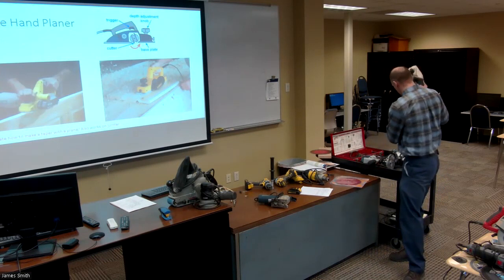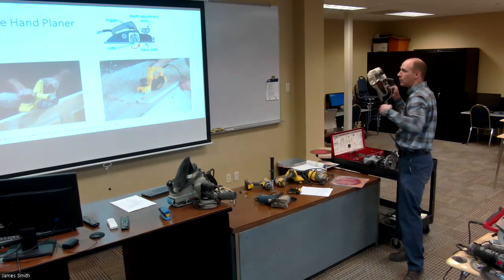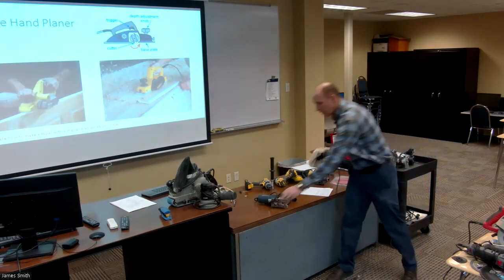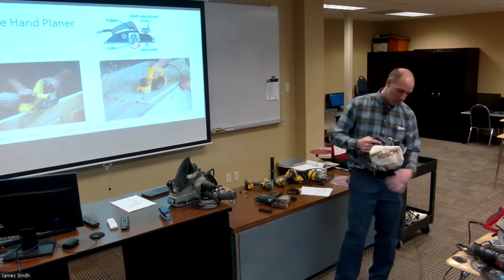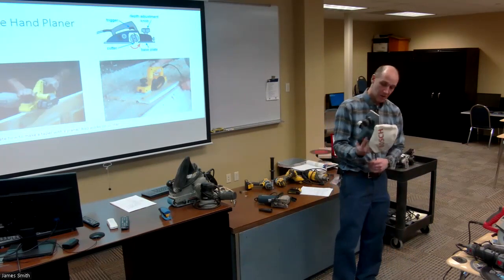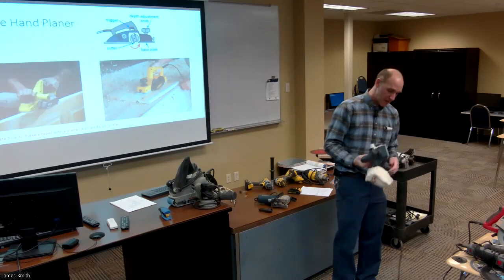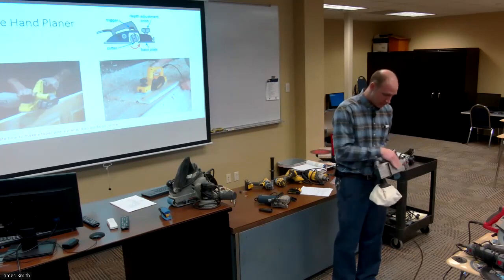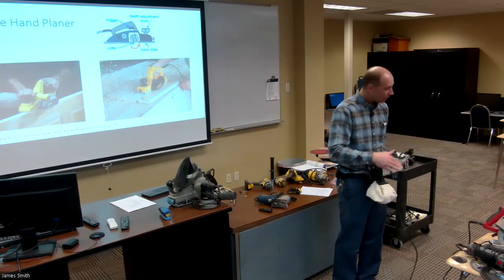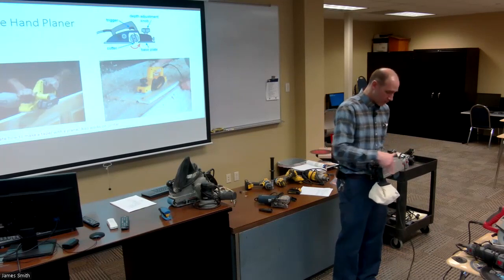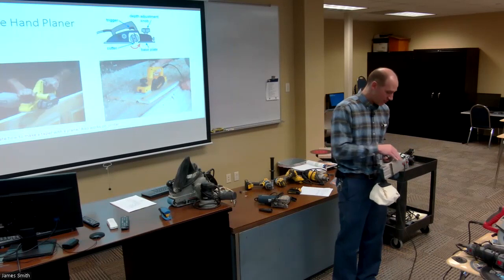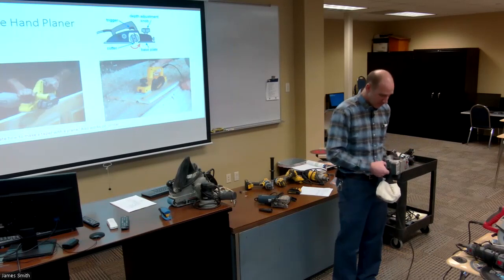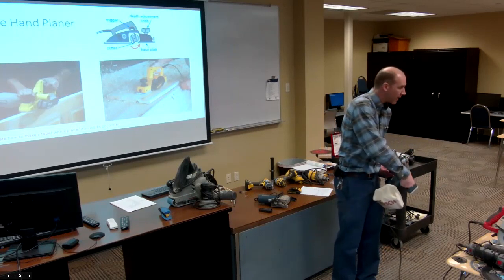I brought mine. This is, whoa. Yeah. This is not a tool that I use a lot, but there are times when I do. How it works is you have your sole, with a front part and a back part. The back part is fixed. The front part you can adjust by rotating this.